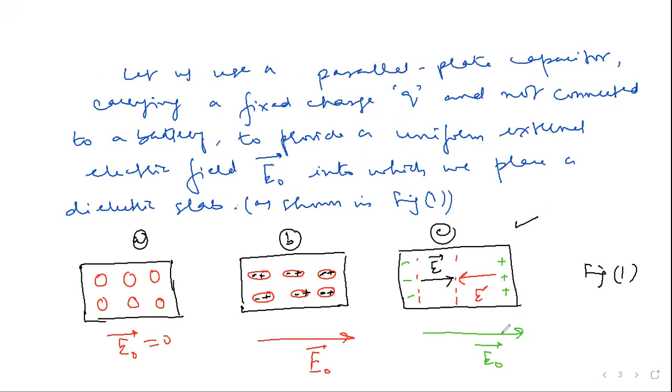The resultant electric field E in the dielectric is the vector sum of E naught and E prime. It points in the same direction as E naught but is smaller.